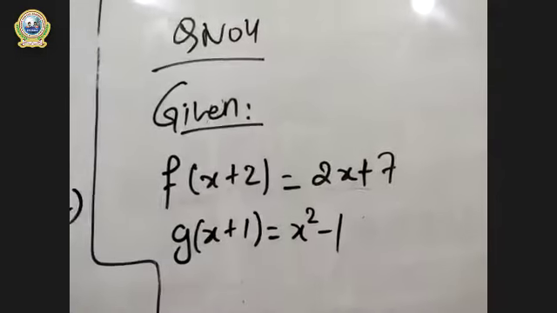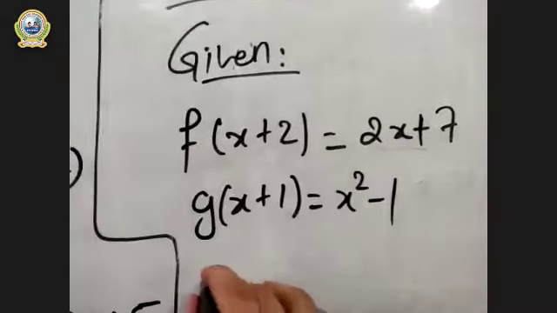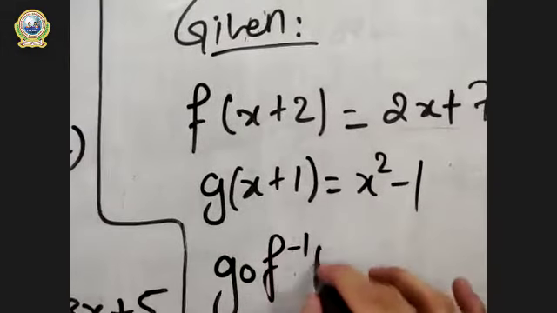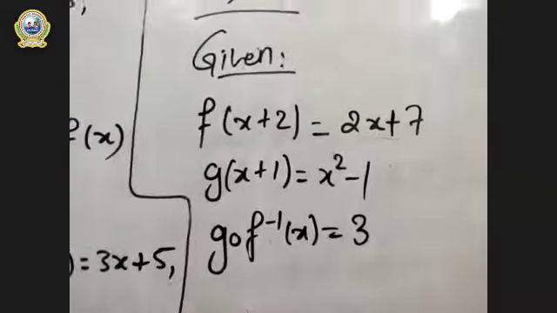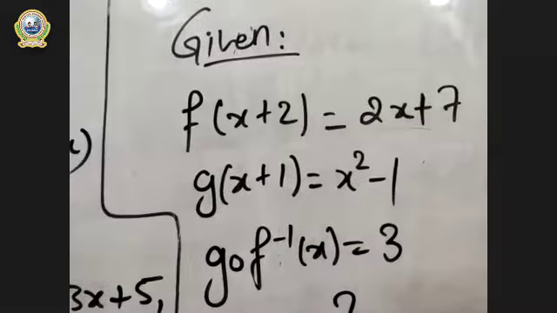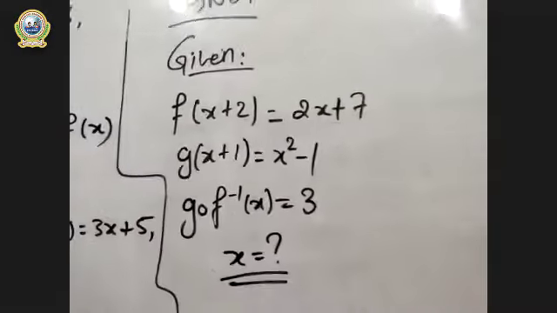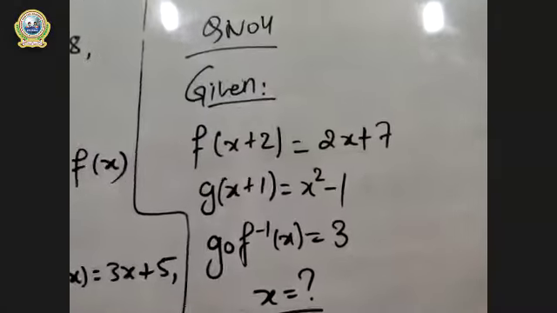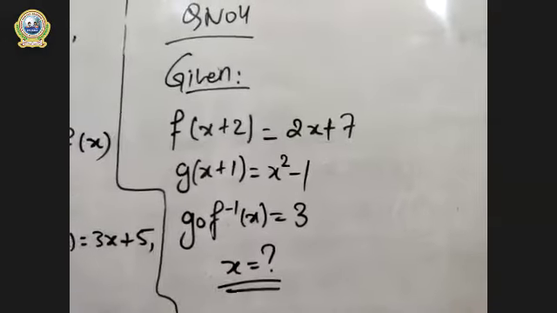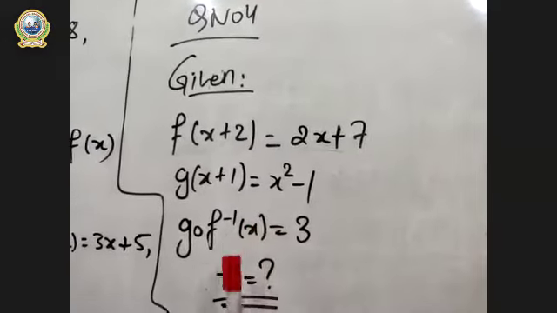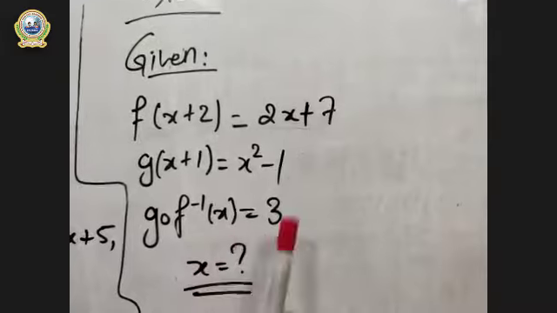Even this has been given. And the third given is g∘f inverse(x) is equal to 3. Even this is also given. Now it asks what is x. It is asking you for x. Is this clear? So from the given, you can make a map in your mind. Look at here first. Here is g∘f inverse(x).